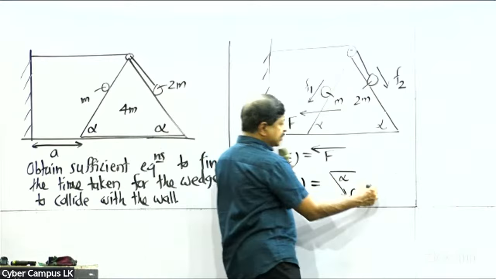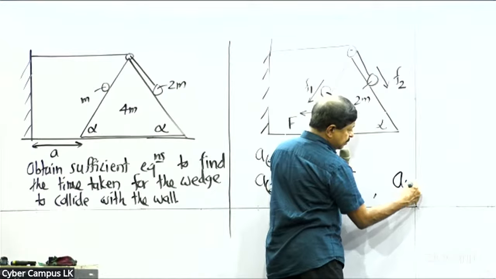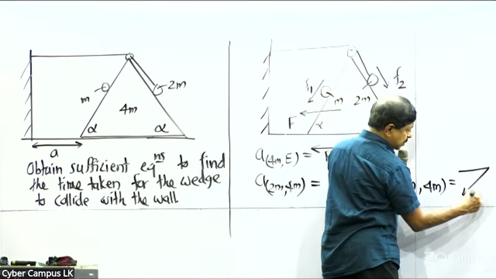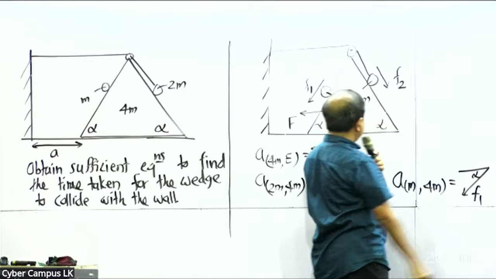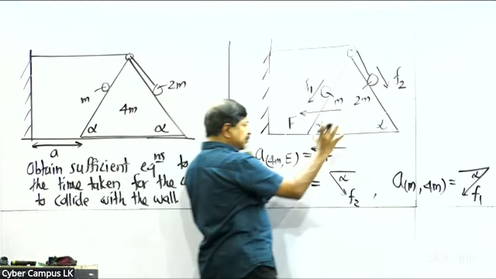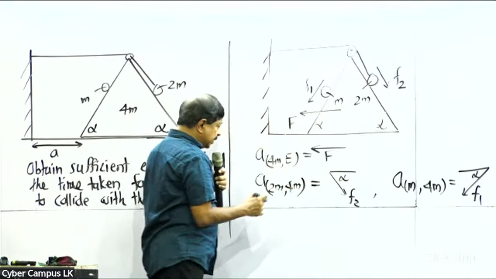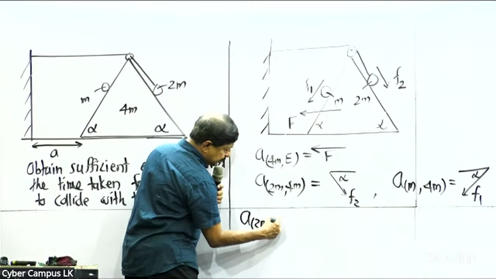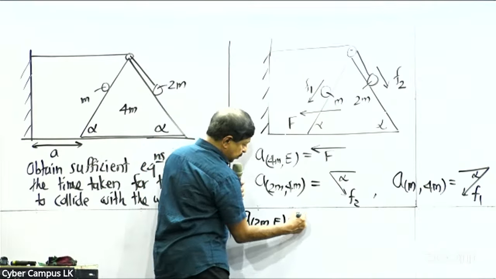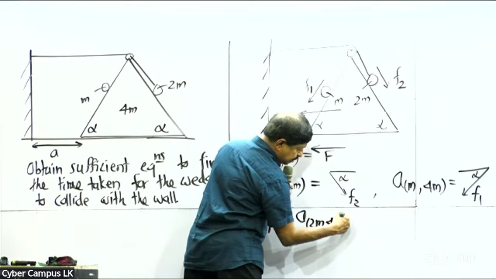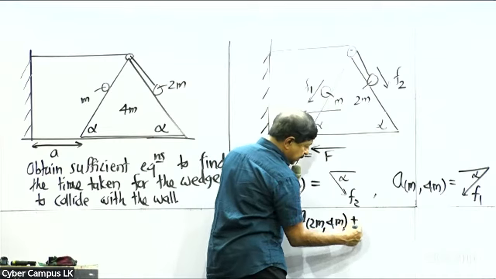Then in the same fashion, the acceleration of m relative to 4m is this. Now, these are not sufficient for us because we need the acceleration of these two objects relative to the earth. So you can insert 4m in between.